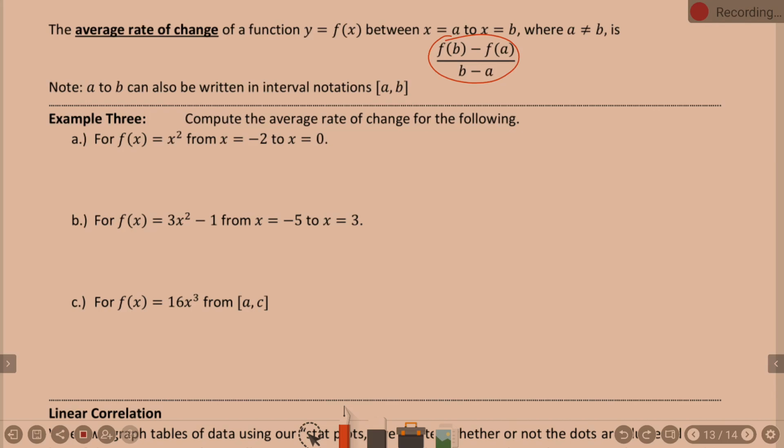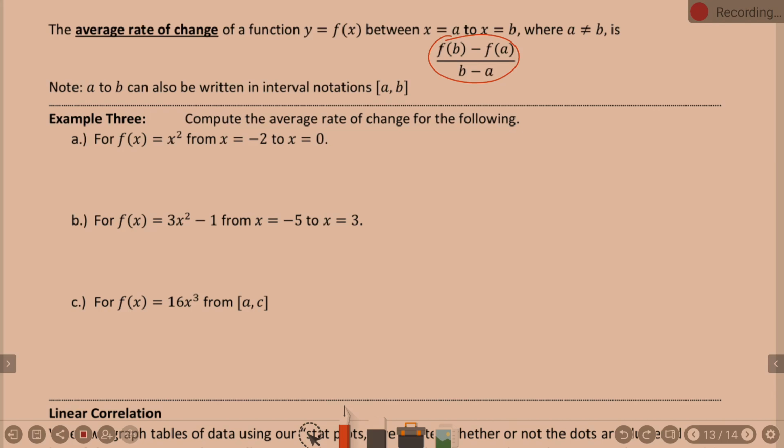B and a are your x values. So when it says f of b minus f of a over b minus a, it's just a different way of talking about y2 minus y1 over x2 minus x1. That's all it is. Side note, they might tell you on the interval from x equals a to x equals b, or on the interval a to b. That's just a different way of giving you the interval.